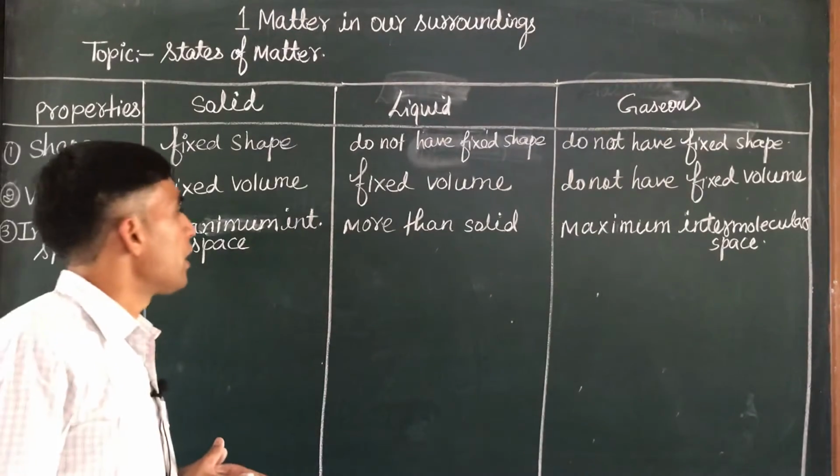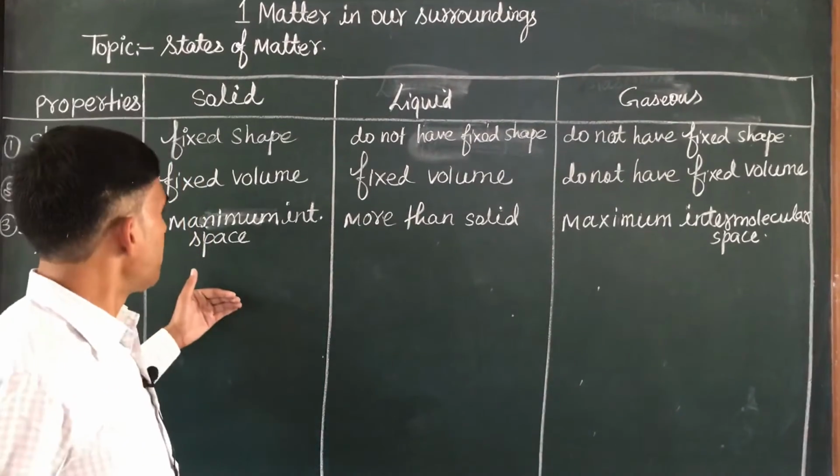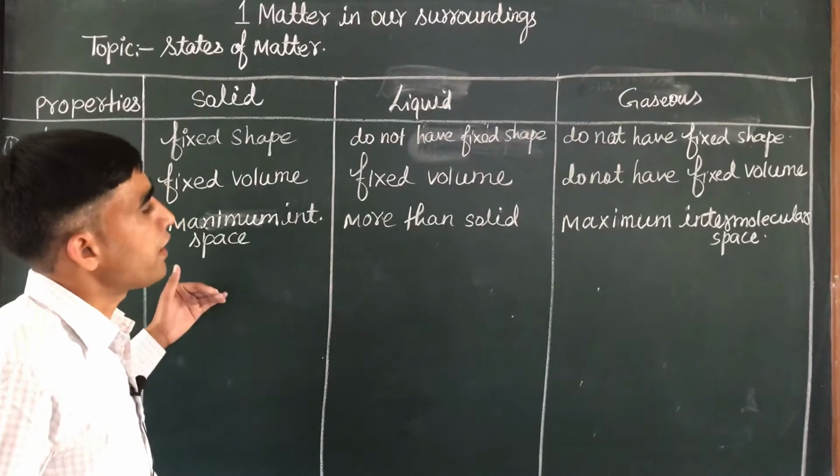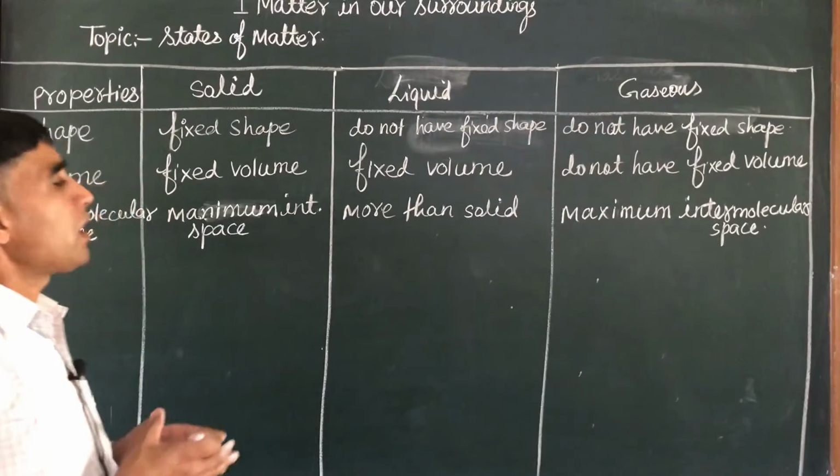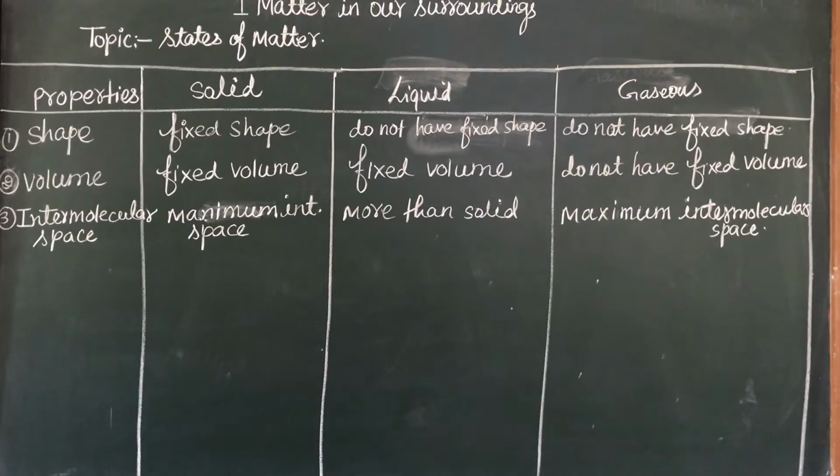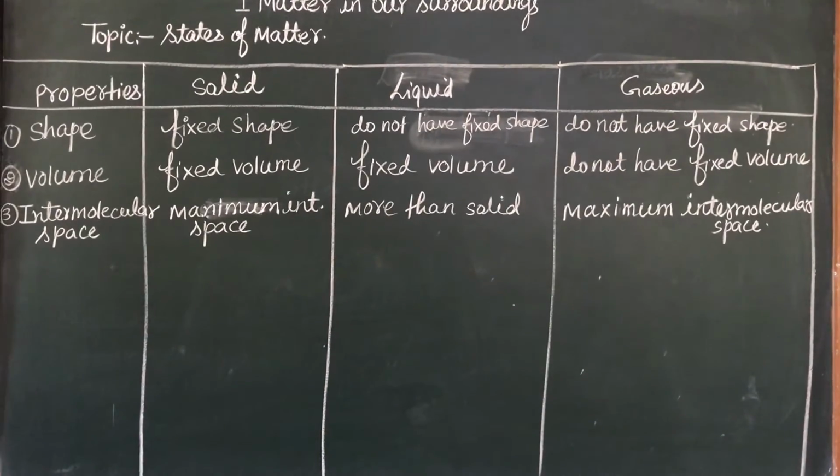In liquids, the intermolecular space is more than in solids, and in gases it is maximum. The particles have more space, as you can see if you look at the composition of air.